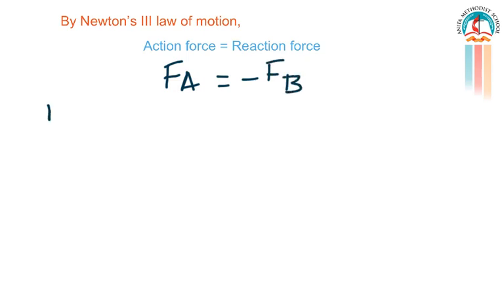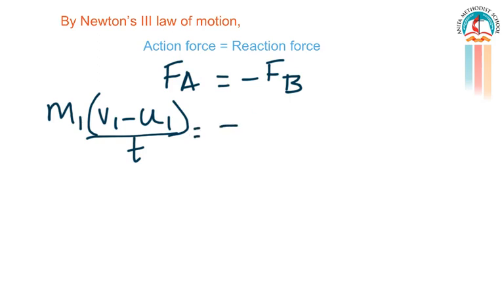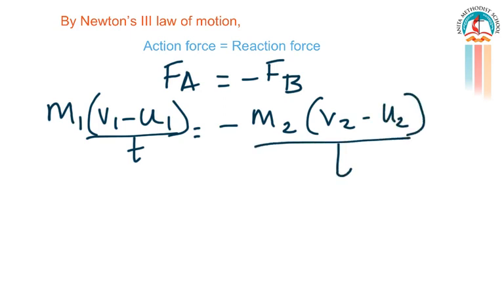That is, m1 (v1 minus u1) by t is equal to minus m2 (v2 minus u2) by t.